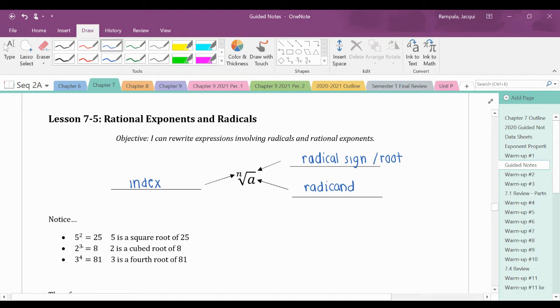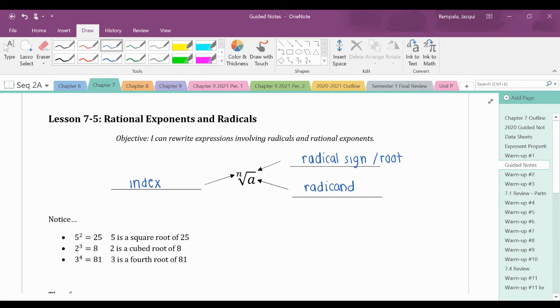If I have 2 to the third power, if we think about our rules, remember that's like 2 times 2 times 2. That's why it equals 8. And so we would say 2 is a cubed root of 8. 3 to the fourth power, if you multiply 3 times 3 times 3 times 3, would get you 81. So we would say 3 is a fourth root of 81.